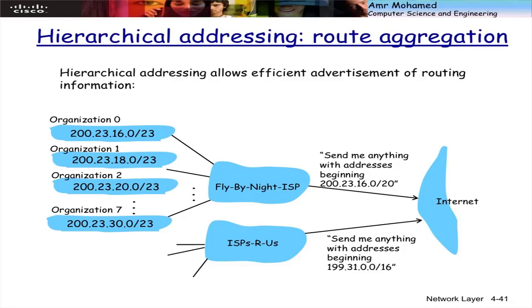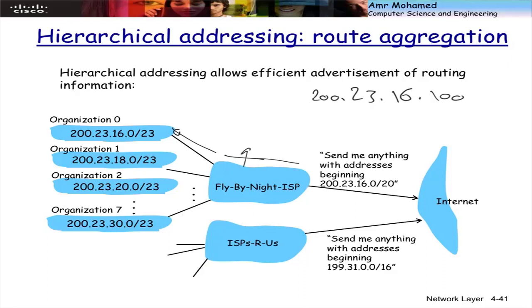So what happens is that this service provider needs to distinguish between these different subnets. Inside that service provider, if you were to send to, for example, an address of 200.23.16.100, this packet should be delivered to this particular network, right?